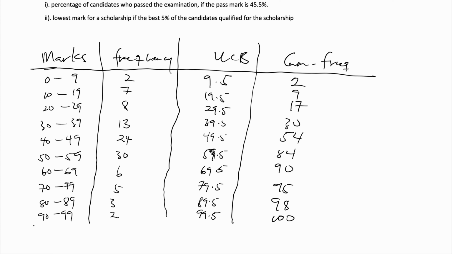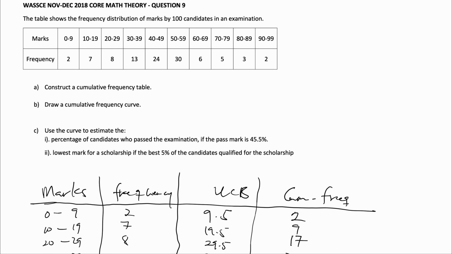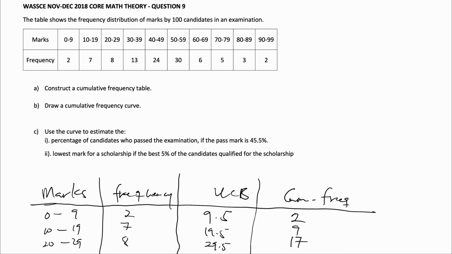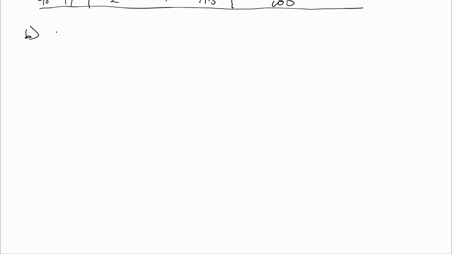Now B says draw a cumulative frequency curve. So we use our cumulative frequency table to draw a cumulative frequency curve. So we have our y-axis and our x-axis. Our y-axis will be our cumulative frequency, and our x-axis will be our upper class boundary.